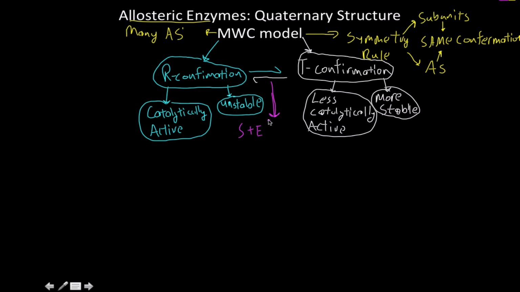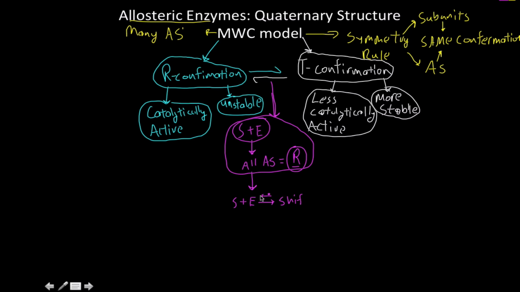When substrate binds to one active site, all active sites go ahead and convert to the R form. They all become R. Another way to say this is that when a substrate binds, the equilibrium shifts to the R conformation.